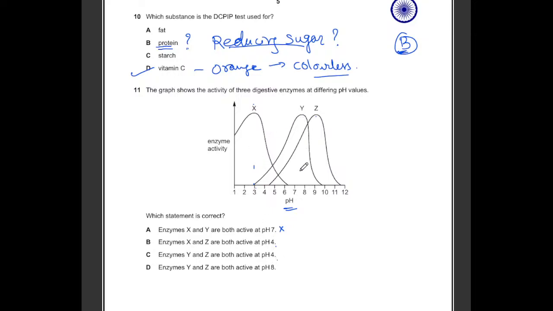No. Y and Z are both active at 7. Y is active at 7, and Z is very close too. The highest level we can see here for Z is 9.5, but the closest answer is this one. So D is the correct answer.